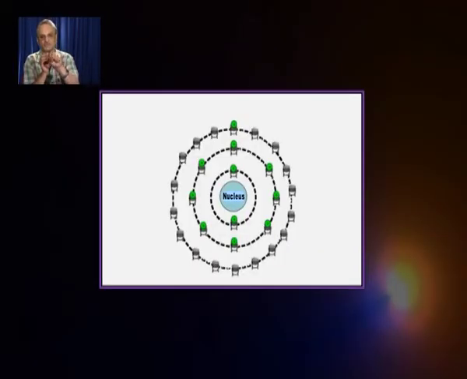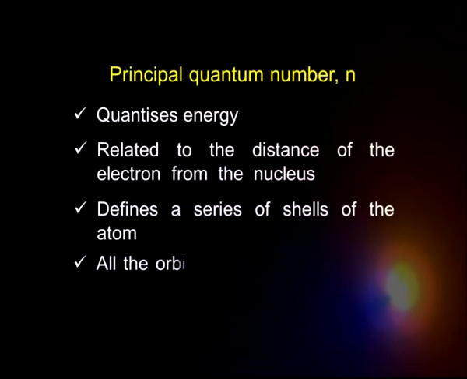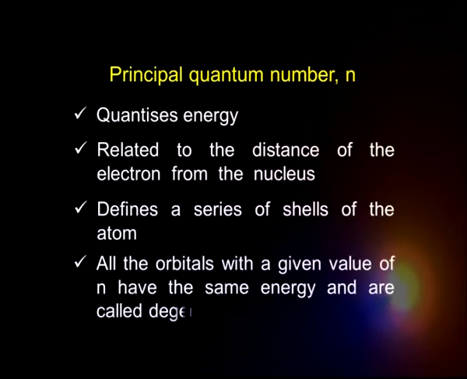So in an atom, we have a nucleus and different shells, and these shells are defined by the principal quantum number. So n equal to 3 means I am talking about the third shell outside the nucleus. And all the subshells, which we will come to when we talk about the quantum number L, will have the same energy. They are called degenerate.